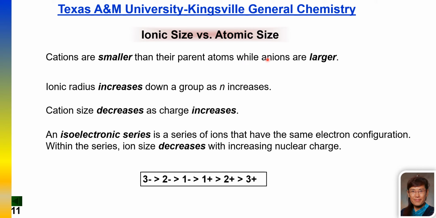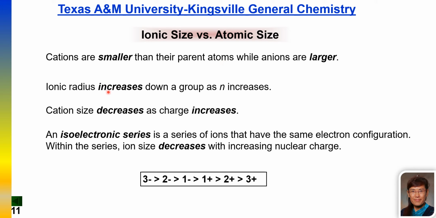If you have your anion, the anions are going to have bigger size compared with the parent atoms. Cation loses electron, anion gains electron. The ionic radius does follow the same trend as the parent atoms.